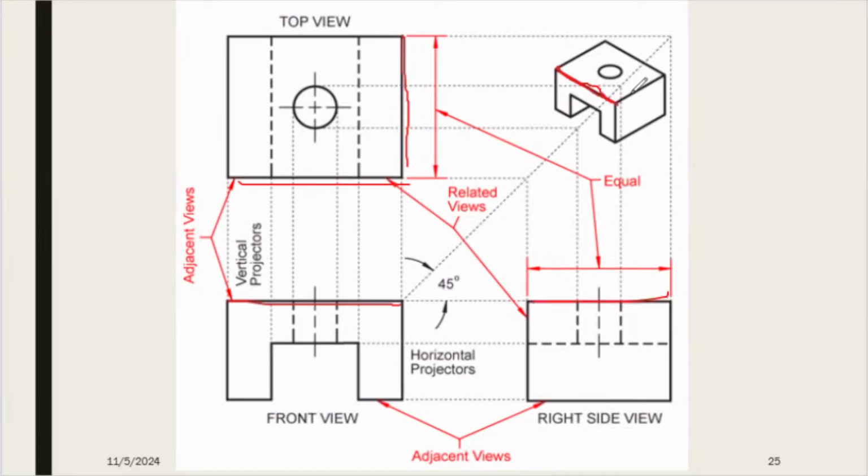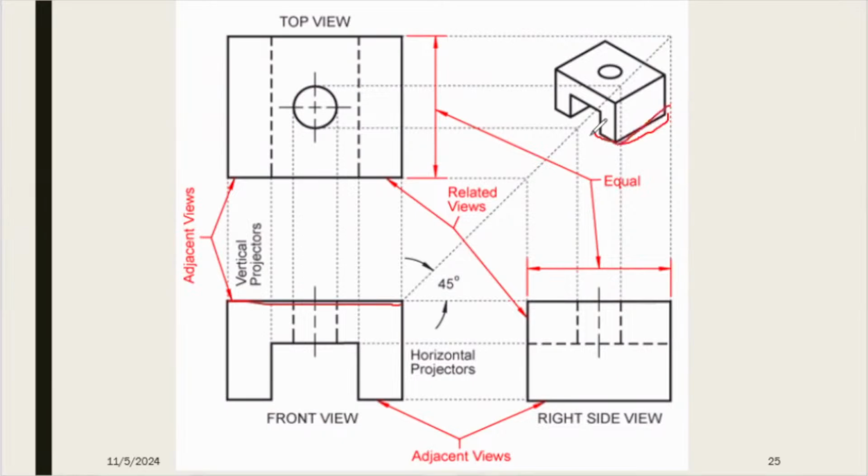The same distance is drawn in the top view and the right side view. So you can see the same length in 2 views always. And these two are also adjacent views.